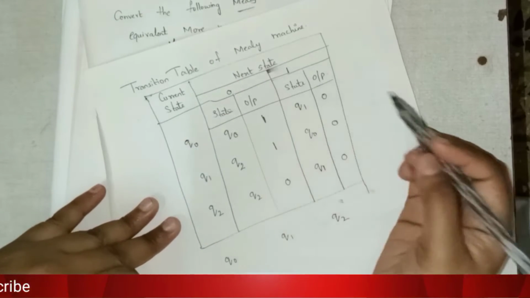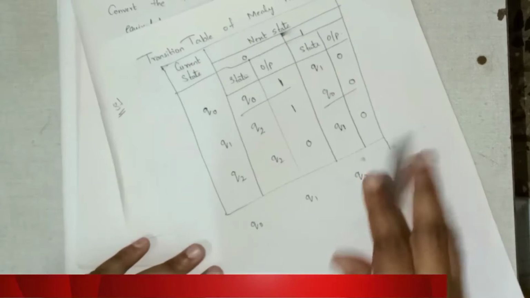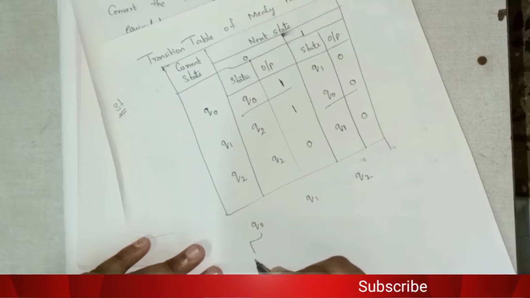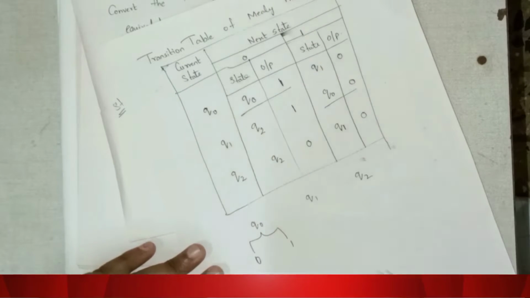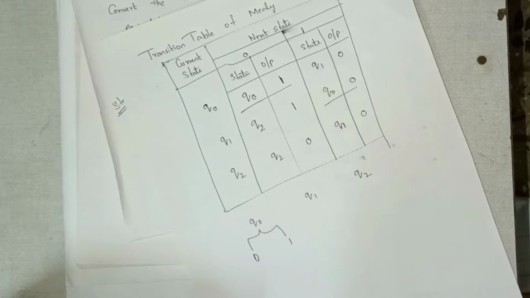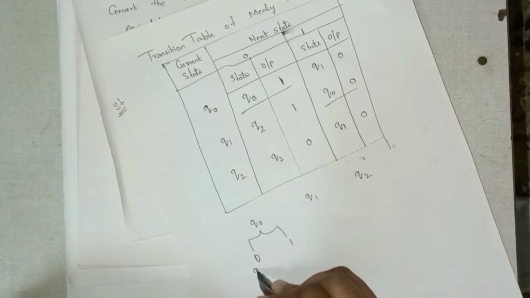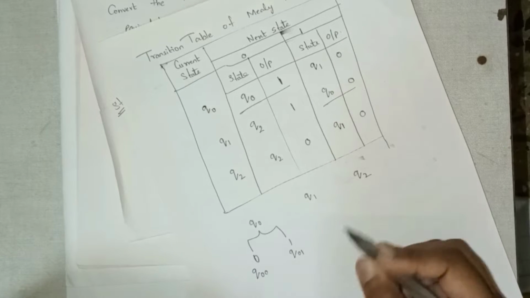For Q0, how many outputs are coming? 0 and 1, two types of outputs are coming. Now Q0 is divided into Q00, Q01.